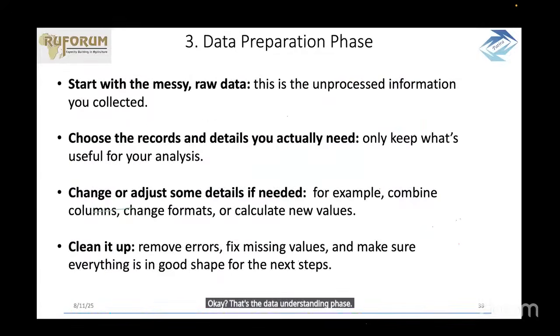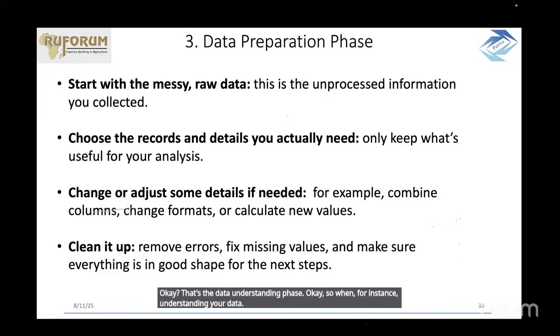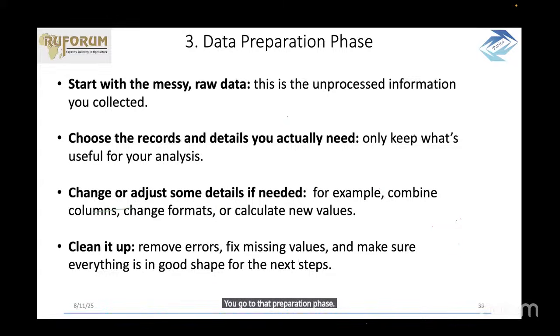Okay, so after understanding your data, you go to the data preparation phase. Basically, data is messy. You're going to start with your messy raw data, which is basically unprocessed information you collected. You choose the records and details you actually need, and only keep what's useful for your analysis.